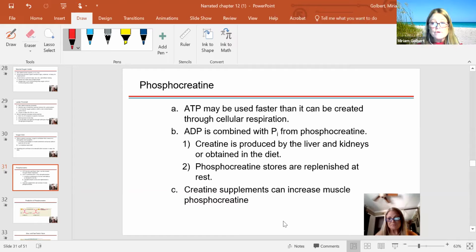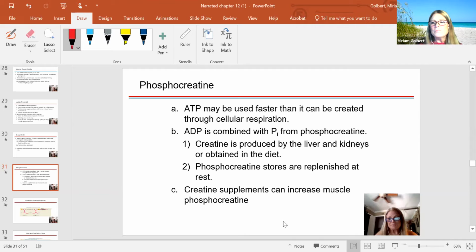So I'm sure you've heard that some people take oral creatine because that way we can increase the storage of phosphocreatine. I'm not too sure that the creatine that we take in supplements or powders gets to the muscle.